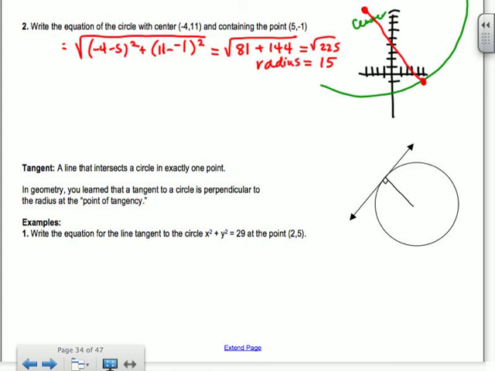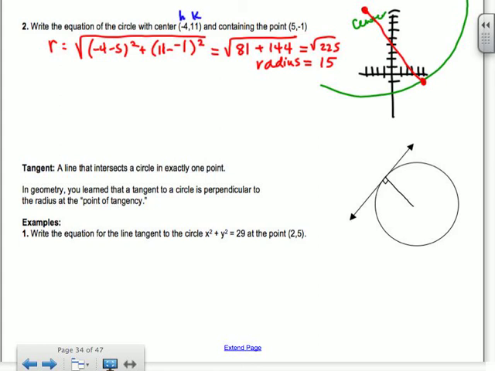Maybe I should call it r so you guys don't get confused. r is equal to... And then what? What'd you say? Speedy. All right, so r is equal to 15. All we need for our equation of our circle is r, h, and k. Do we have all three things? Yeah. So it says center is (-4, 11).